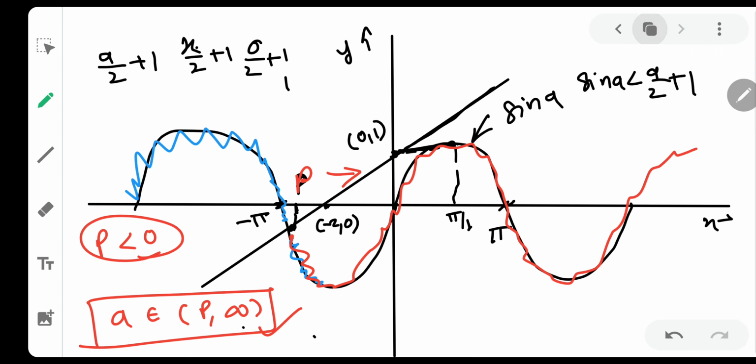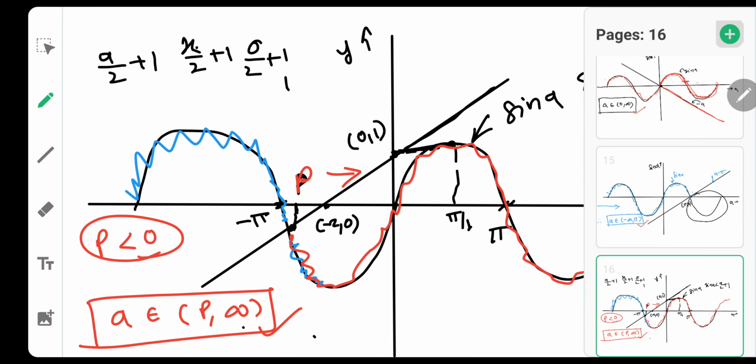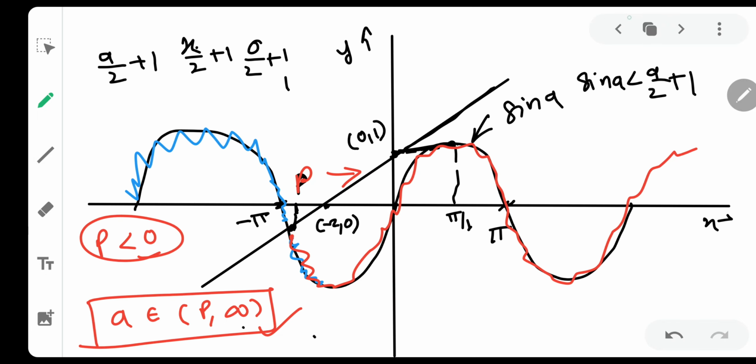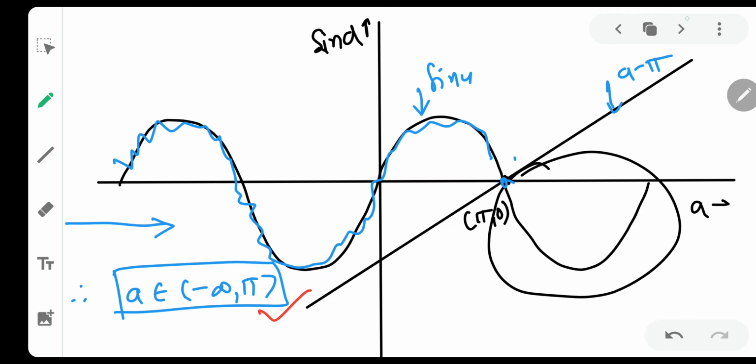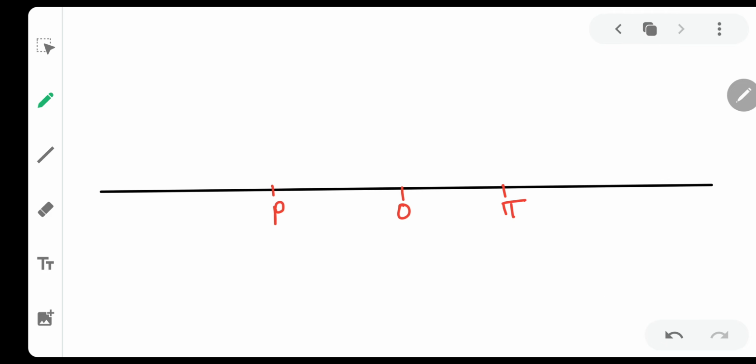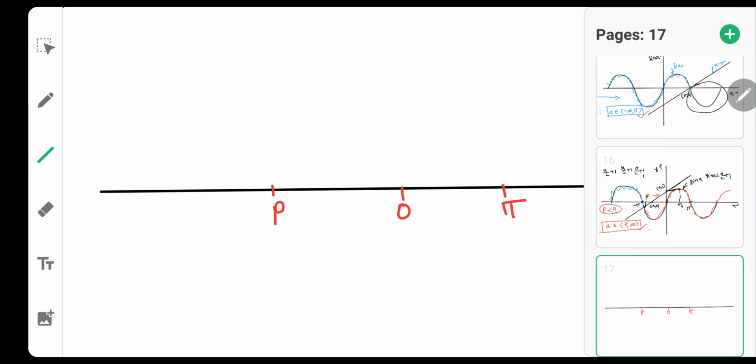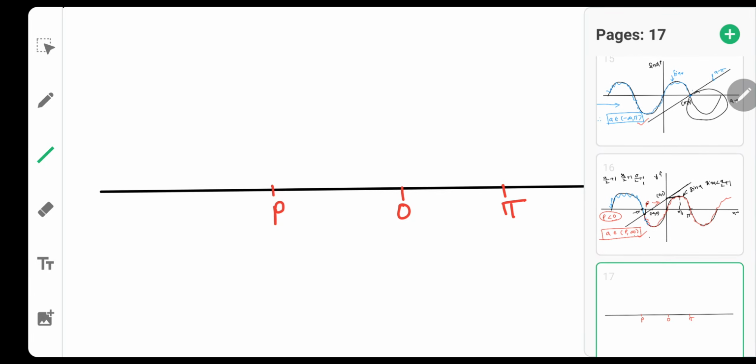So let me just plot these all on the same number line, and I will plot the points also. So p is over here, 0 is over here, and pi is over here. These are the 3 points because p is a negative number. Let me first plot the first inequality. The first inequality is 0 to infinity. I will plot it with a purple line. So purple line for the first inequality, which says my answer is from 0 to infinity.